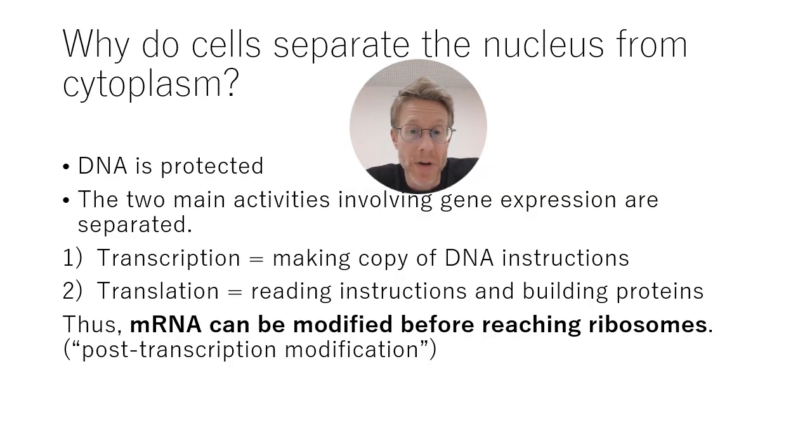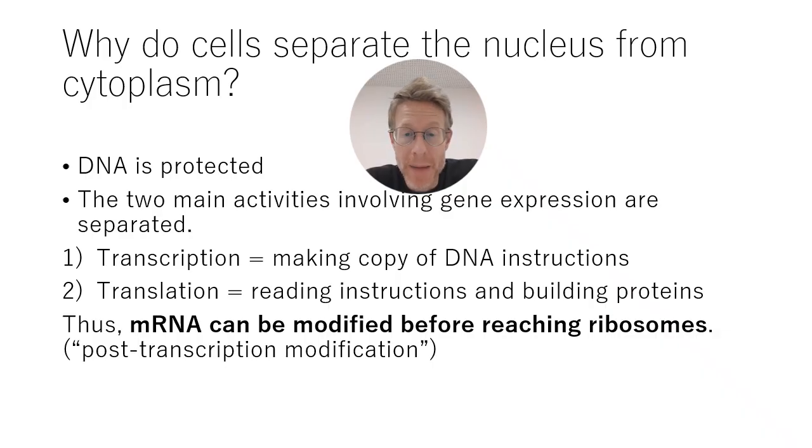Protein synthesis involves two steps: transcription, which is copying the DNA instructions. That copy is called messenger RNA or mRNA. And then a second step called translation, which is reading those instructions, reading the mRNA, and making proteins from that mRNA.